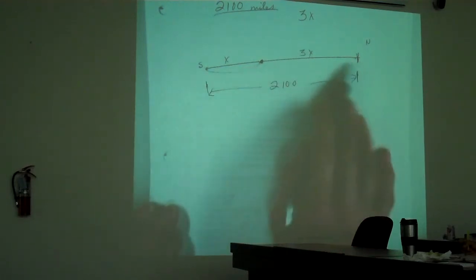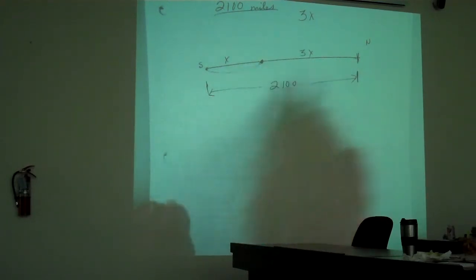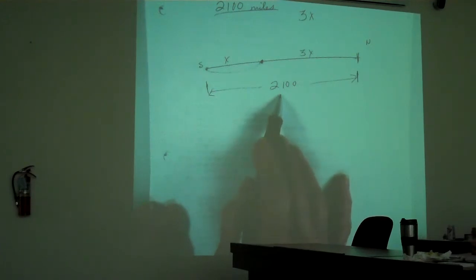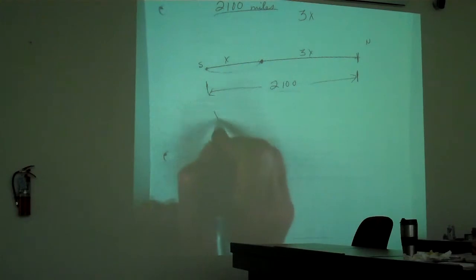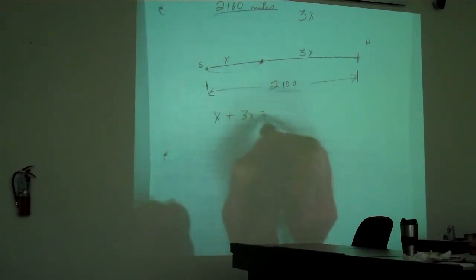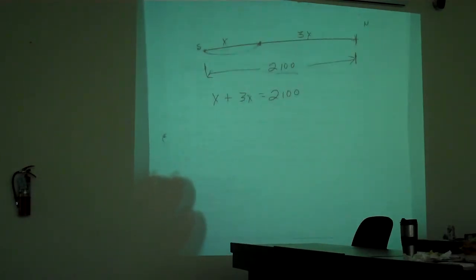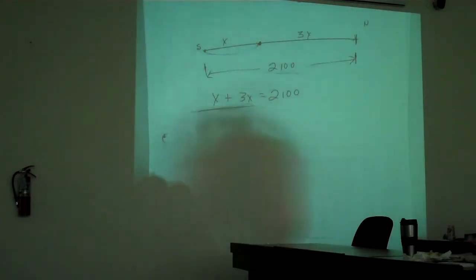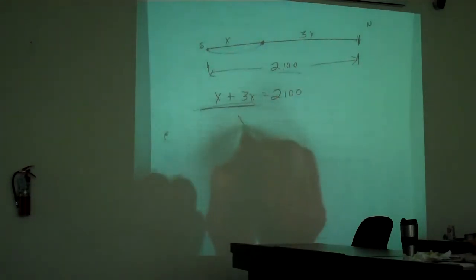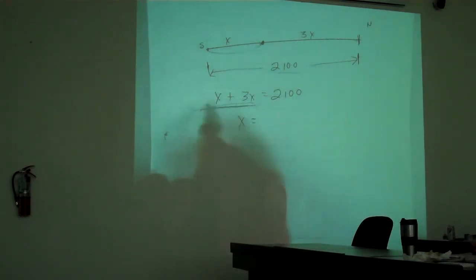You'd add this distance to this distance to get this, right? This plus this is the whole 2,100. So you'd add the X plus the 3X to get the 2,100 miles. If you add these 2 X's, what's on this side? 3 plus 1 is 4X.